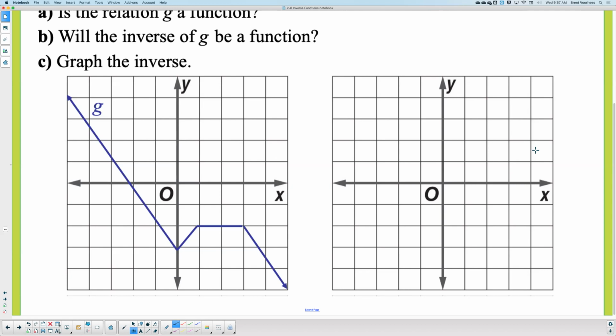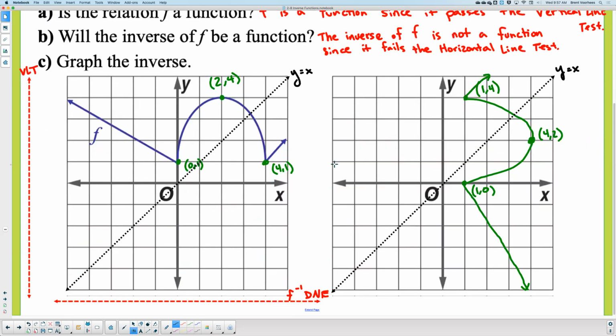If it was below, it goes to the left. Or if it was on the right, it reflects and becomes above. If it was on the left, it reflects and goes below. That's how inverses work. Again, above goes right, below goes left, or you could think of it as left goes below, right goes above. Okay, so you can think of it either way.